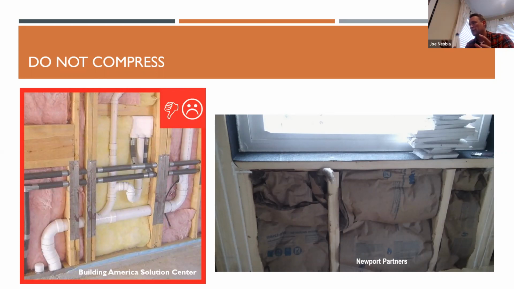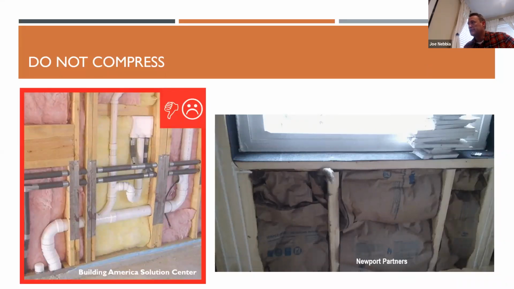So they've got a batt that's too big for the cavity, and it's just been crammed in. And because of that, it's not going to perform at R21. So in this case, the homeowner paid for R21, but they weren't going to get R21 out of that installation.